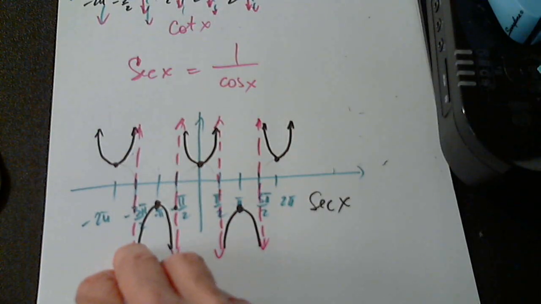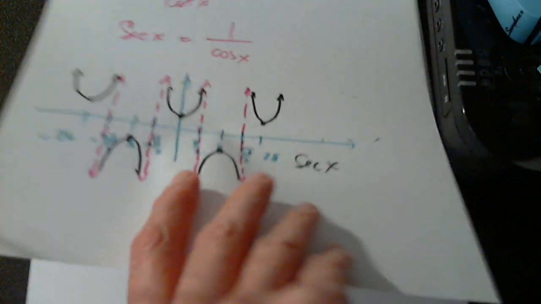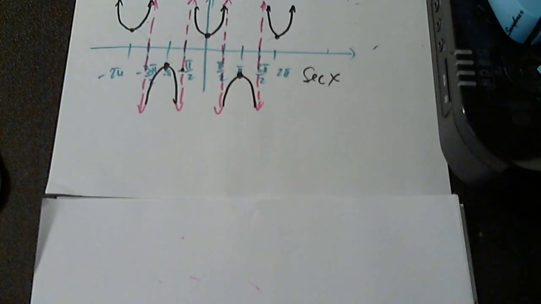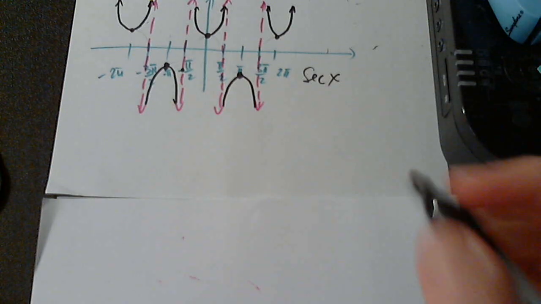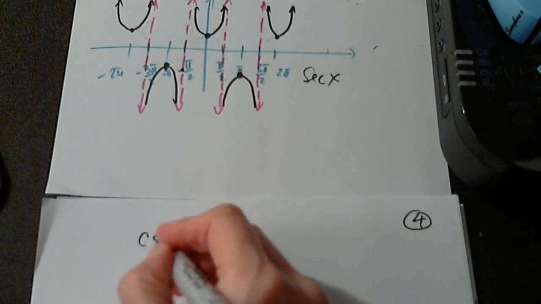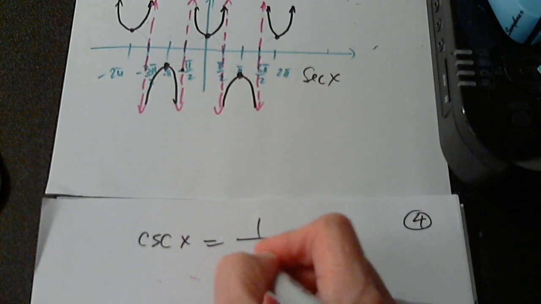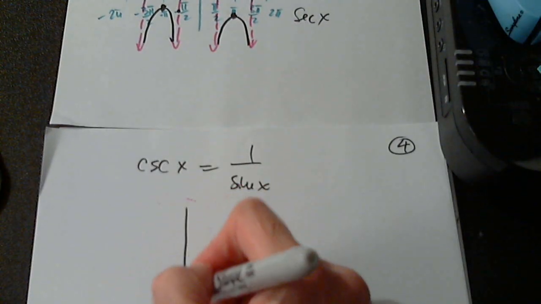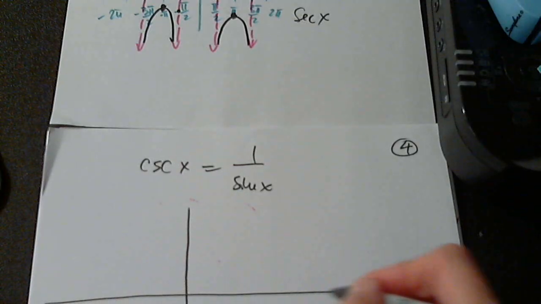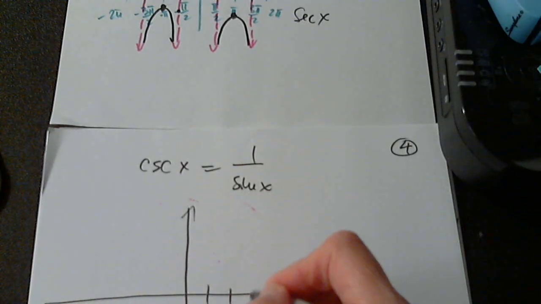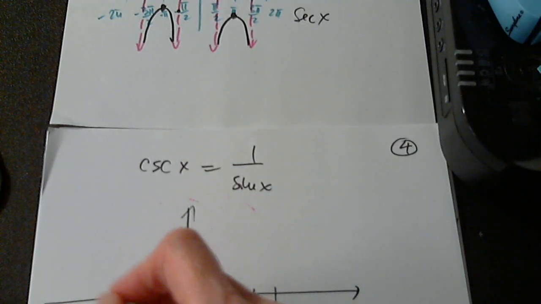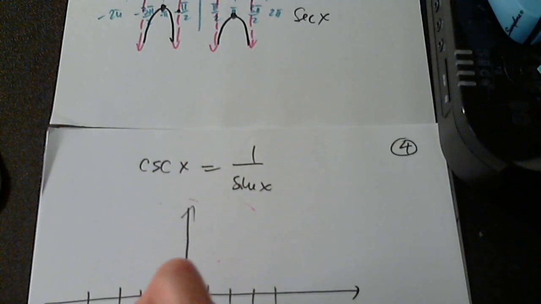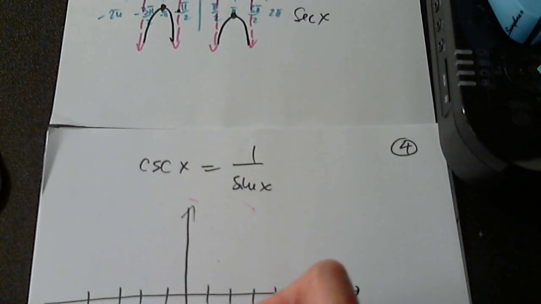Okay, final graph. That is the graph of cosecant. And we know that cosecant x equals 1 over sine x. So sine x, we know, is 0 at negative 2 pi, negative 3 pi over 2, negative pi over 2, pi over 2, pi, 3 pi over 2, 2 pi.